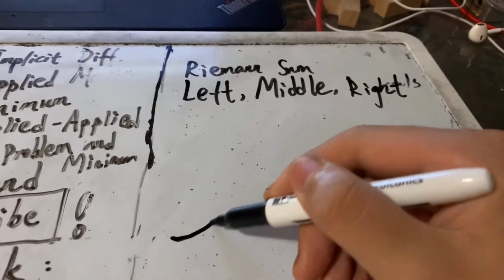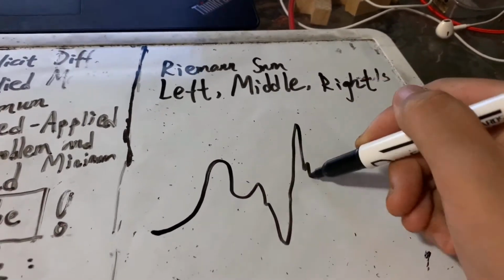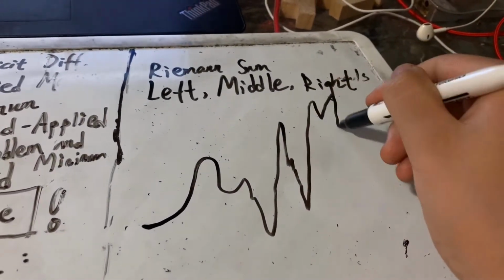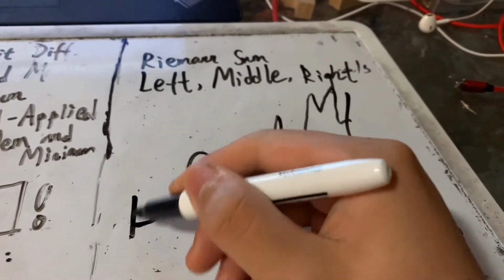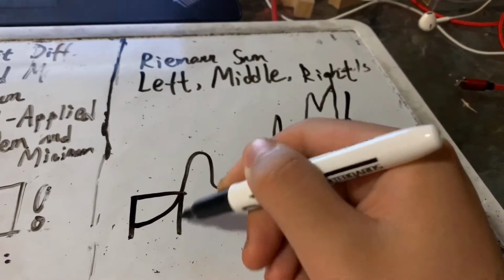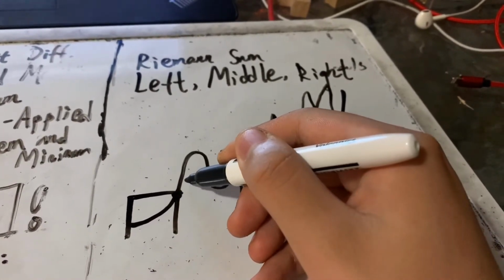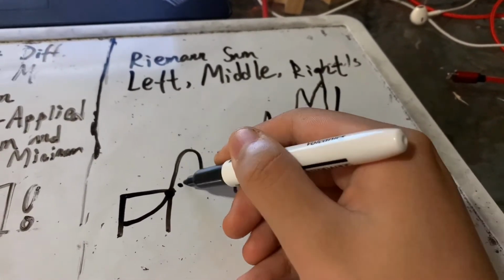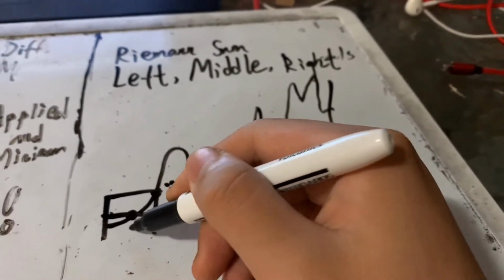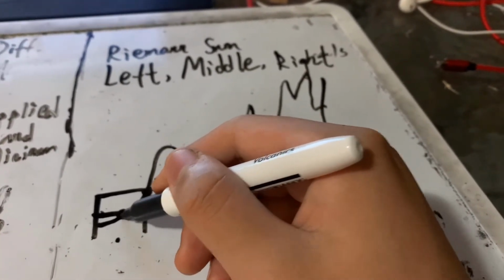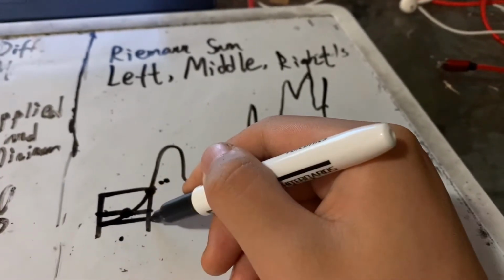So let's give you a function. It looks like this, right? How a Riemann sum works is that you draw rectangles. For the right Riemann sum, you draw at the right end. For the middle, you draw at the point where the middle meets the graph.